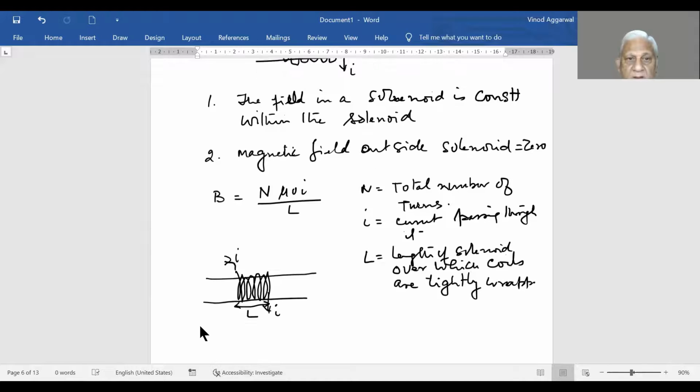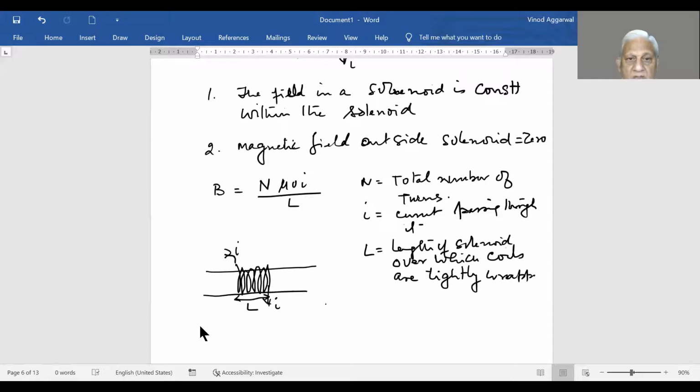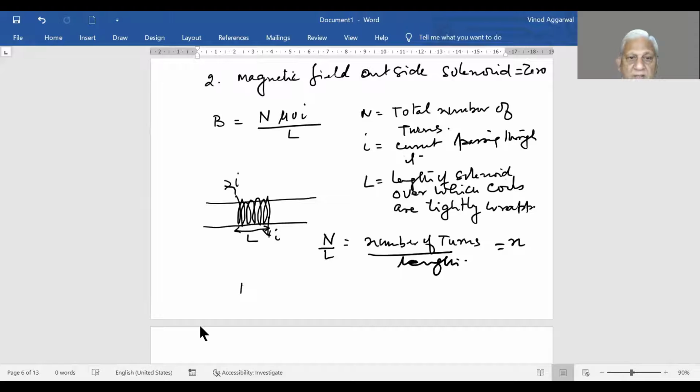And we can say N by L is the number of turns per unit length, and if we designate it as n, then our magnetic field inside a solenoid becomes n mu naught I, because L gets in N, and L and N get absorbed into this expression of n. Okay.